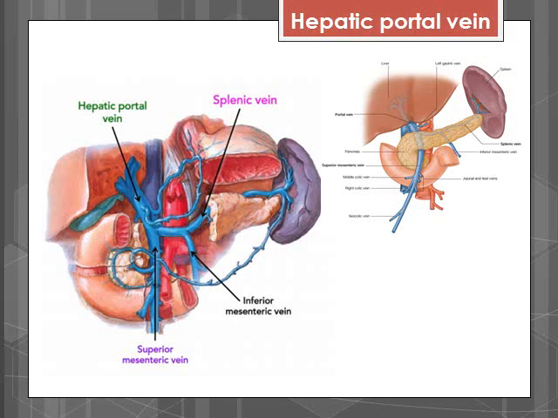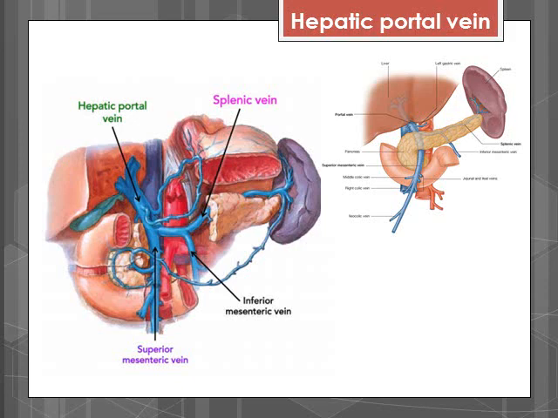The branches divide into smaller and smaller branches and then break up into capillaries running in the portal triad between the lobules of the liver, as we mentioned before. These capillaries lastly drain into the tributaries of the hepatic vein, through which they pour blood into the inferior vena cava, the general circulation.